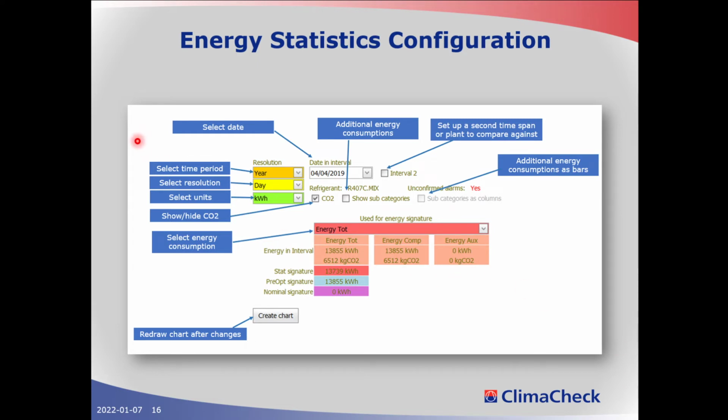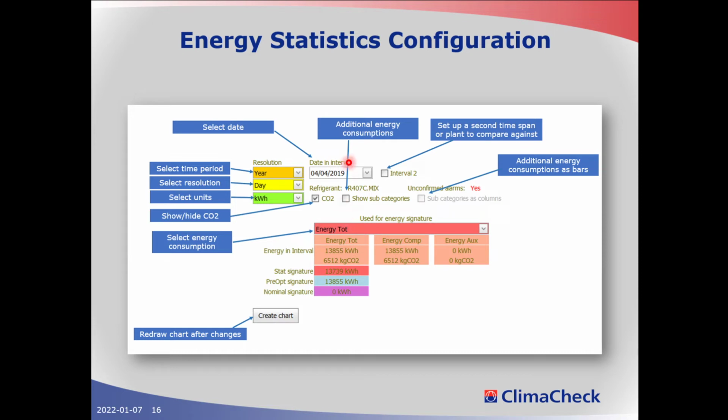You select the period. You select the resolution if you want to look at energy per day, per hour, and so on. You can select if you want to look at the energy or the cost, so kilowatt hours or in euros or dollars or whatever your currency is. You can also choose to look at the CO2.